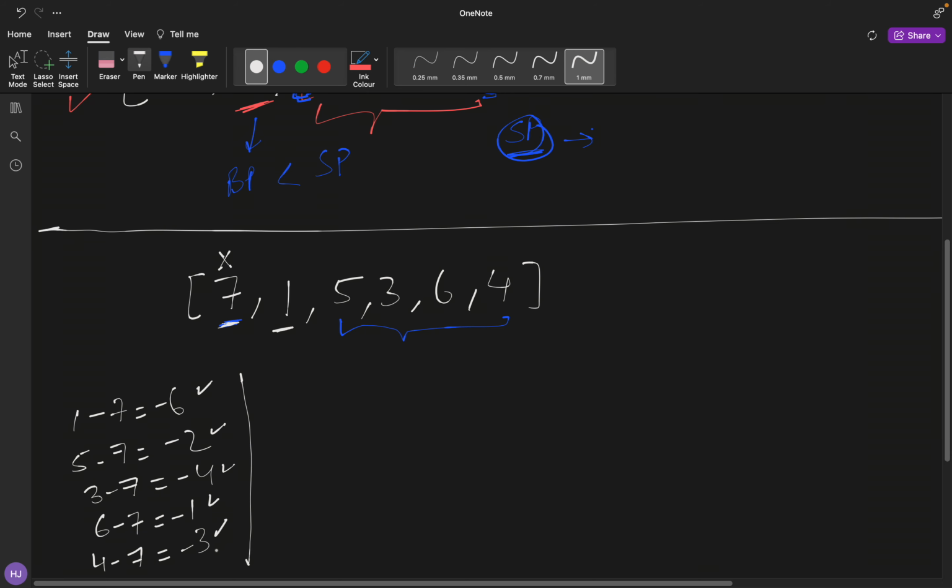So I'll calculate my profit. 5 minus 1, 4, okay. 3 minus 1, 2, okay. And till this point maximum profit is 4, because 4 is greater among 2 and 4, right? So 6 minus 1, 5. So my maximum profit turns out to be 5 at this point. 4 minus 1, 3, right?